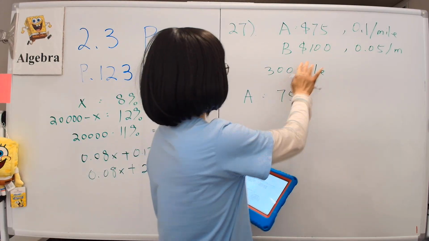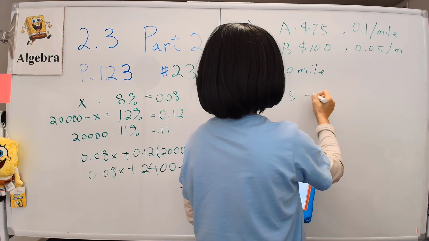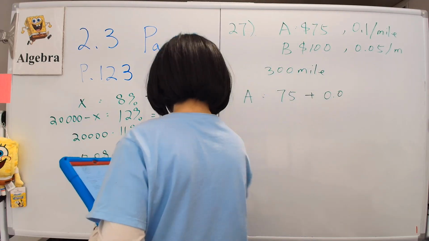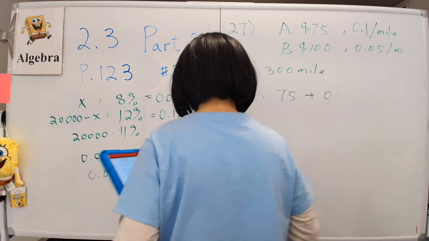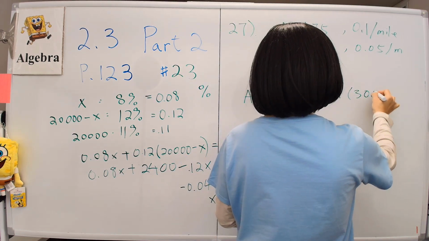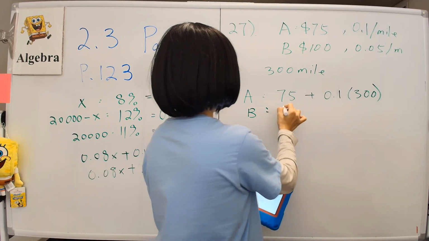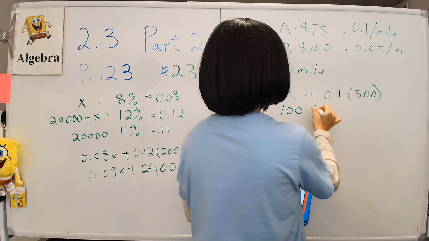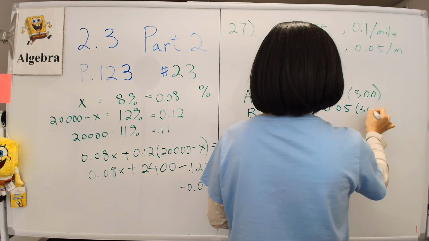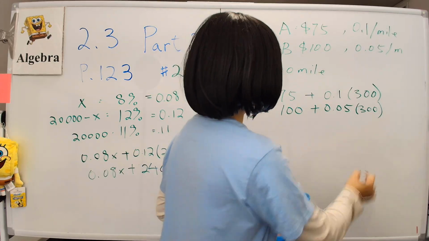So plan A is $75 and then 0.1 per mile, so for 300 miles we multiply the 10 cents by 300. That's our total cost. Plan B will be $100 plus half that much mileage, again times 300. All right, now that we have gotten everything set up, let's calculate.